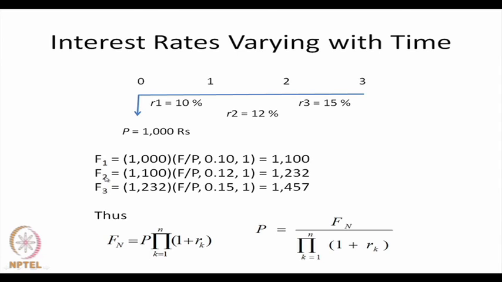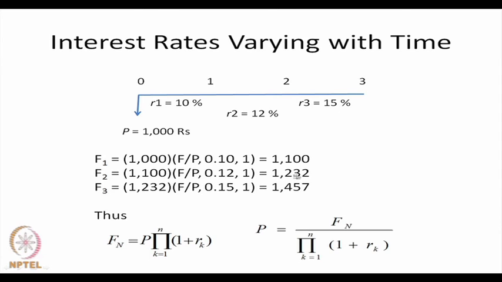Then suppose we are interested to find out F2, then taking this as the principal, we can find out its compound amount, which is 1100 multiplied for 1 year by 1.12. So, that comes to 1232, and here it is compounded at the interest rate of R3 equal to 15%.